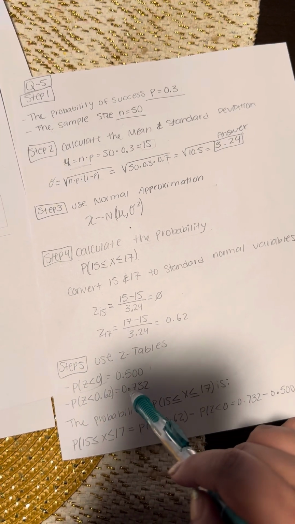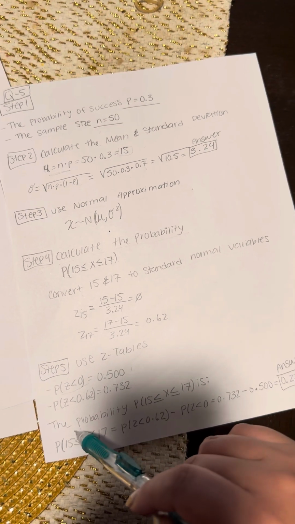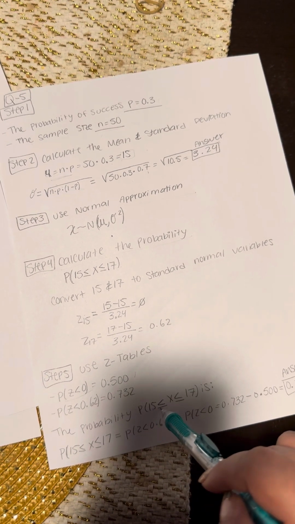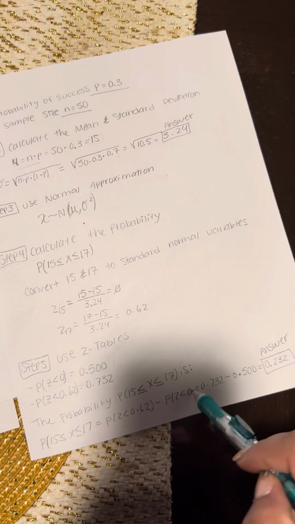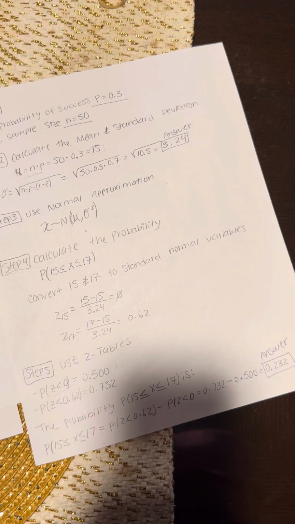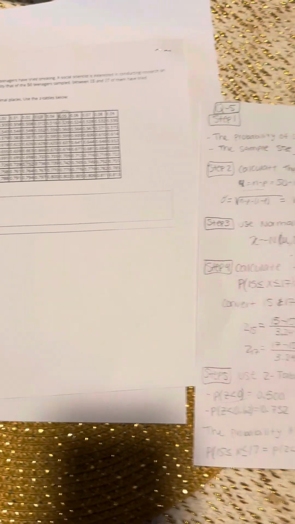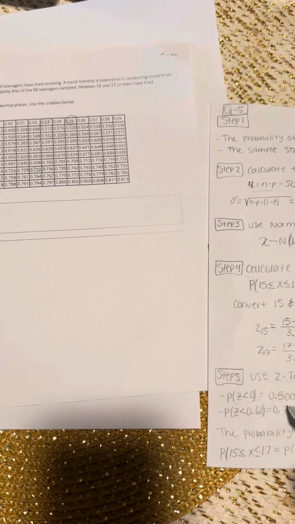And then this is what we got, 0.732. Then the probability between 15 and 17 is this, the answer, 0.232.